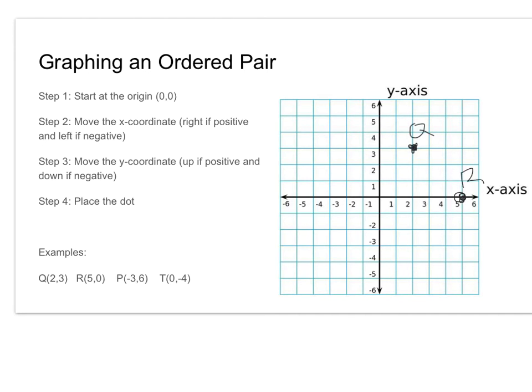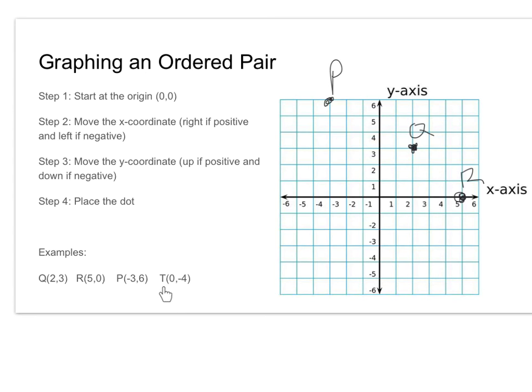That's going to be our R. Then we have P, (-3, 6). Again, start at 0. You're going over 3 to the left because it's negative, and then you're going up 6 because it's positive, and then graph your point. That's going to be P.